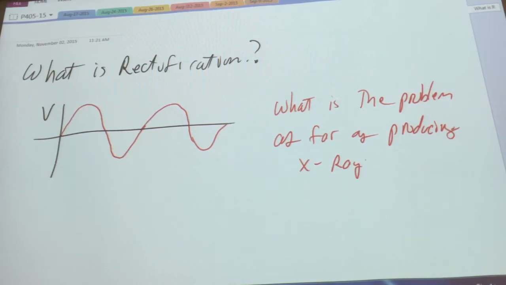We need to flip it up or eliminate it. Why? Because we don't want low energy photons? No. The problem is the negative voltage, but why is the negative voltage a problem?